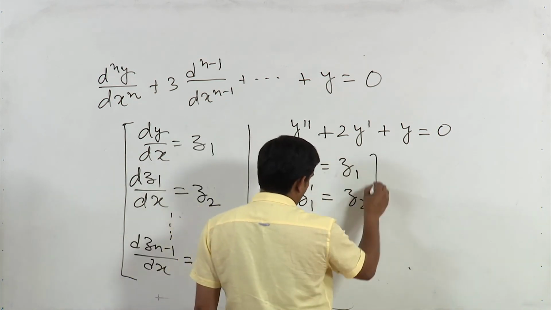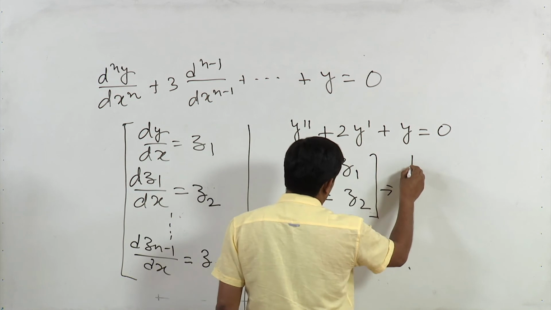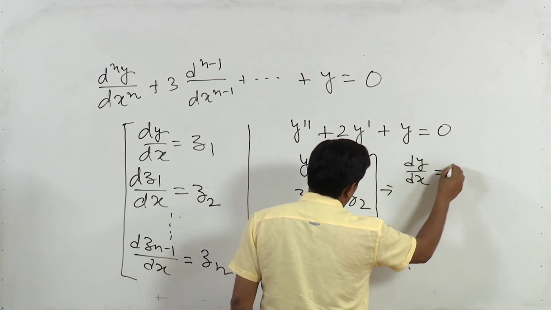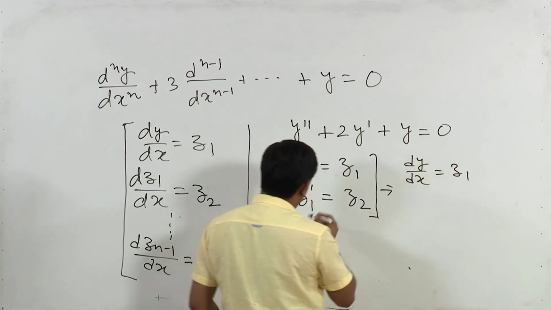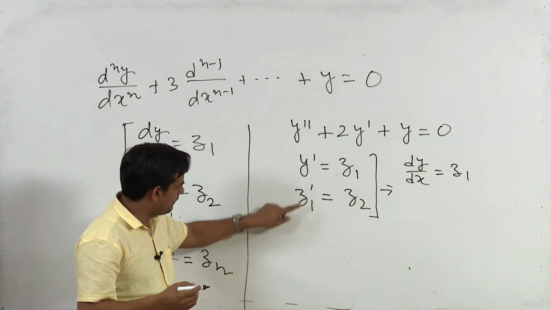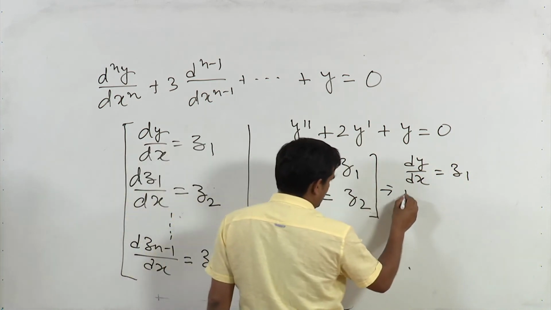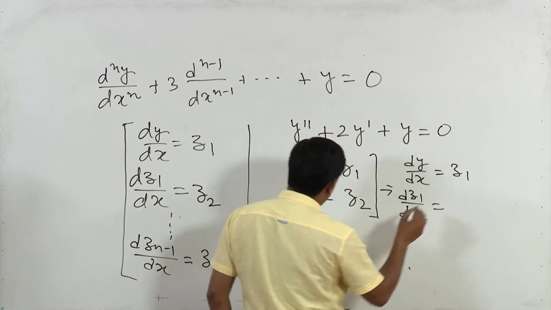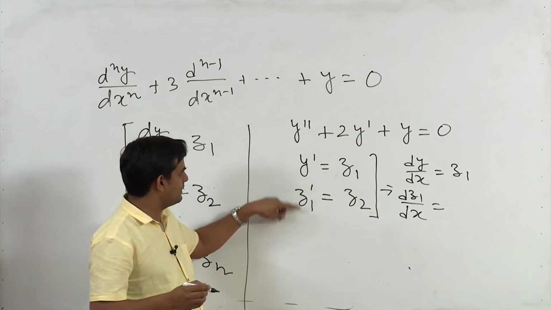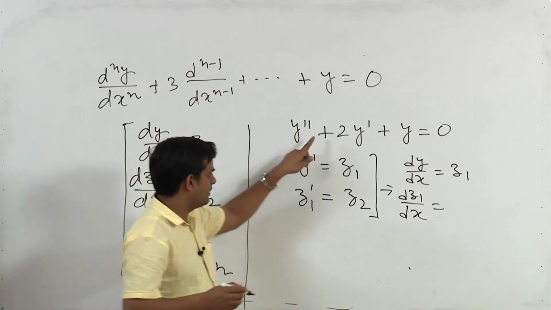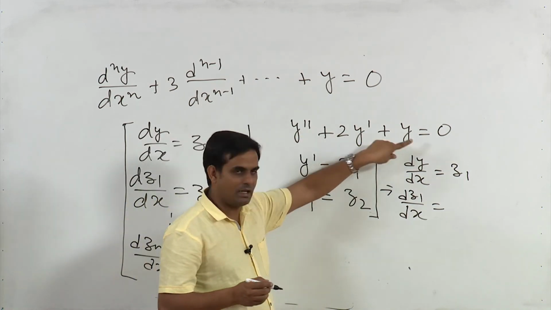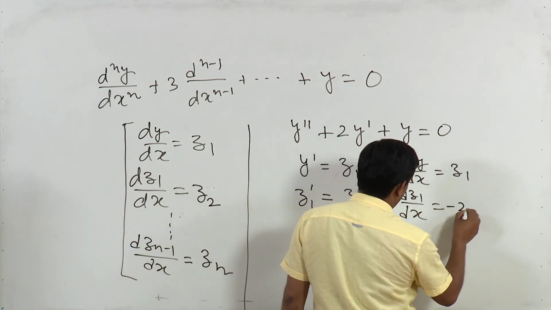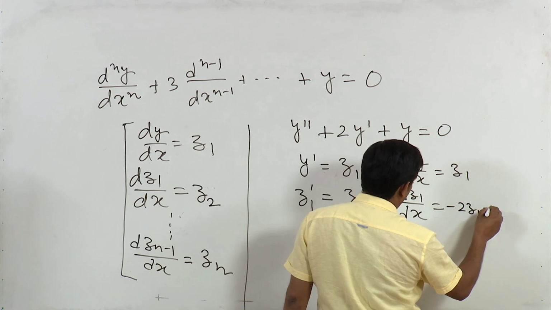So, basically dy over dx equals z1, and dz1 over dx, that is d2y over dx square, y double prime, will become minus 2z1 minus y.